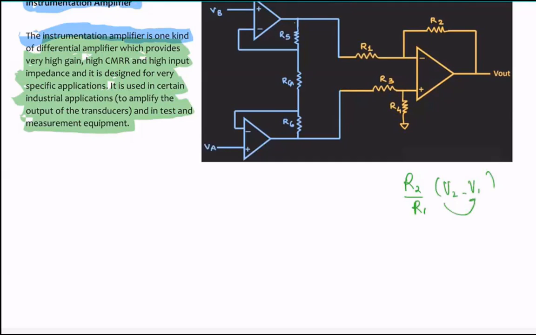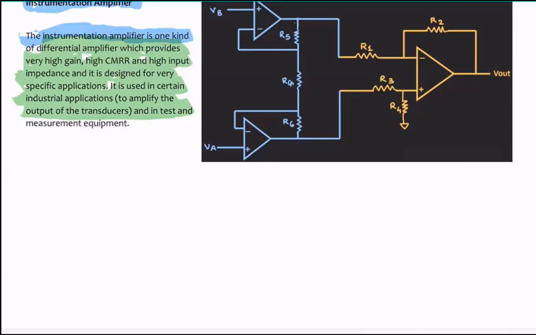If these two voltages have some kind of common mode signal, say some kind of noise or electromagnetic interference, it will also be magnified, right? So you want to make sure that the common mode signal is rejected and only the pure difference between these two input signals is magnified. So that's where the instrumentation amplifier comes in real handy, and this is actually what you're doing in tomorrow's lab also.